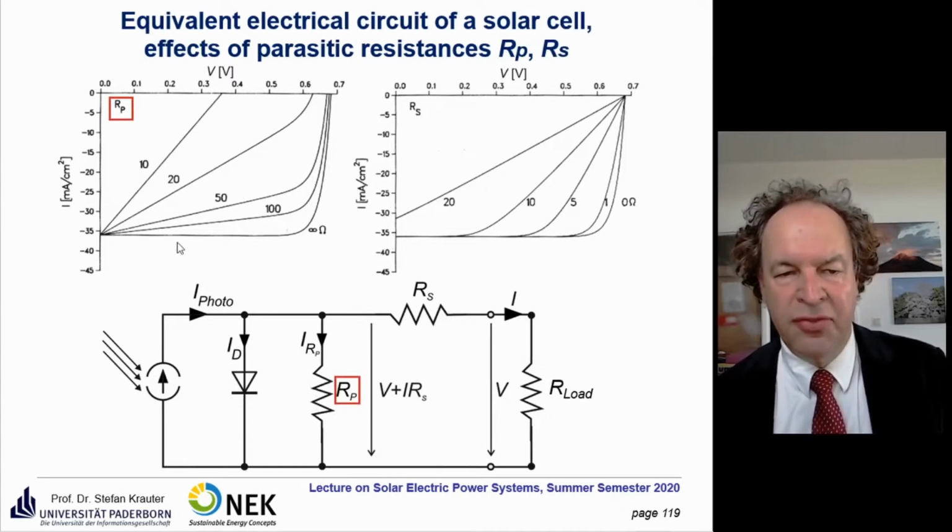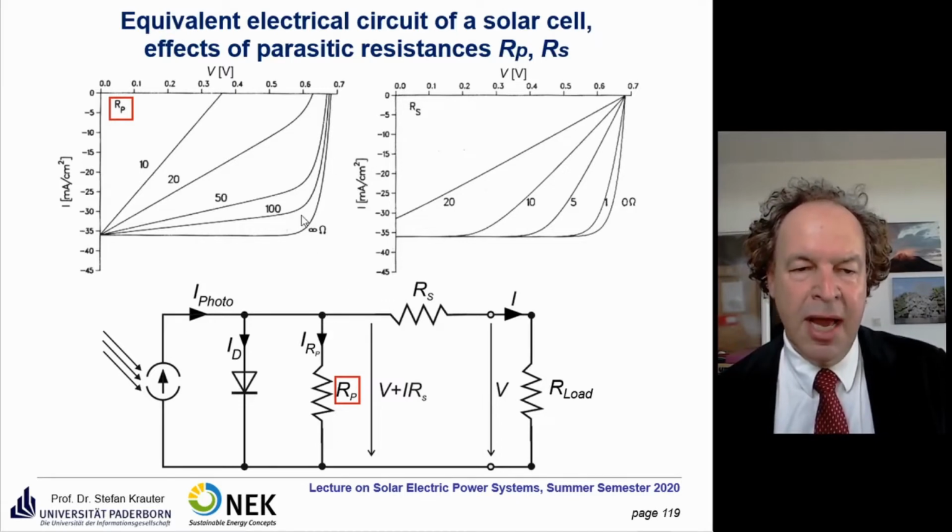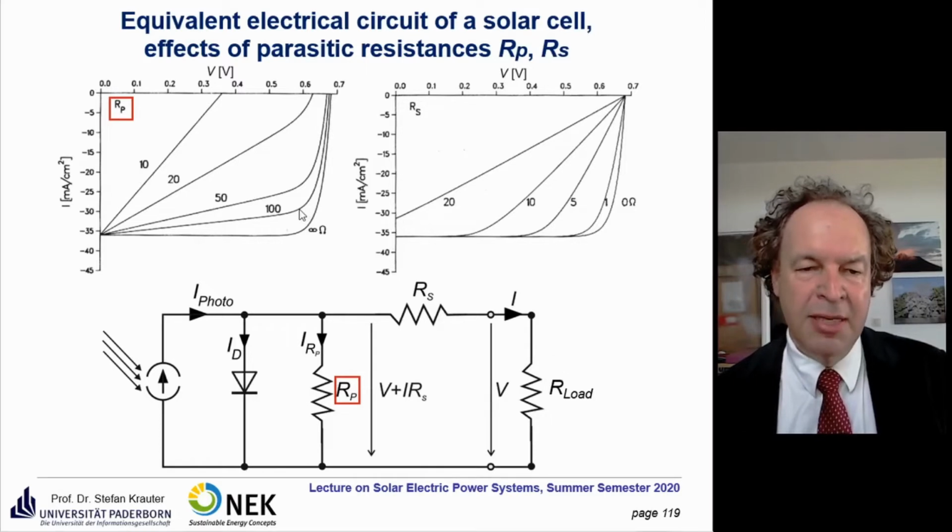Here we have this curve, and if it would be infinite, we almost would have a rectangular curve, which is quite favorable because it favors a high power in the maximum power point. In reality, this is a bit lower, so we have some bypass currents, and even if you have the same open circuit voltage and short circuit current, the actual extractable power is a bit less.